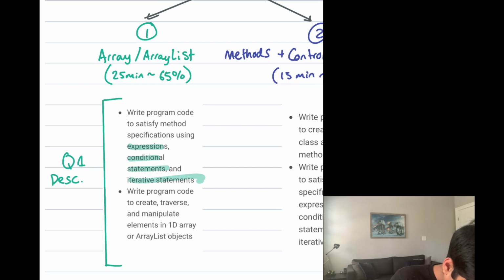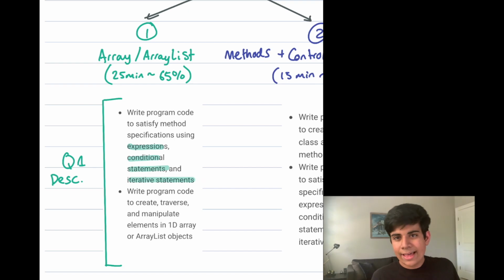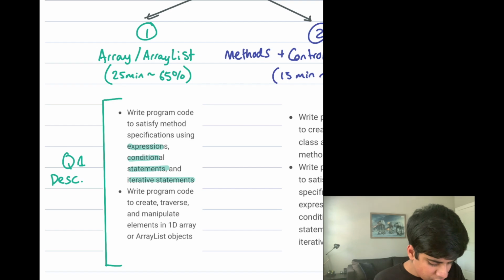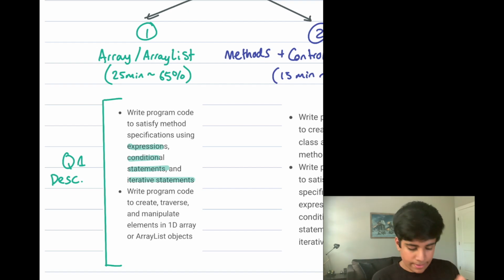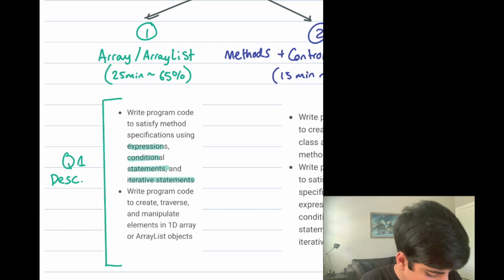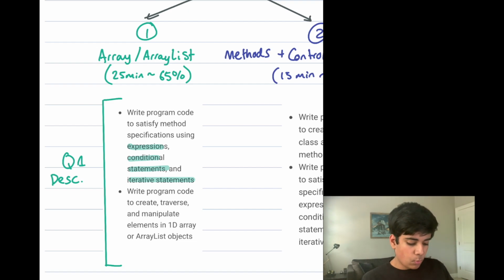When they're talking about expressions, that's going to be math and stuff, so Unit 1 and Unit 2. Conditional statements is Unit 3. And iterative statements, which are loops, is Unit 4. Then it says write program code to create, traverse, and manipulate elements in a one-dimensional array or array list objects. So it's going to be one or the other.